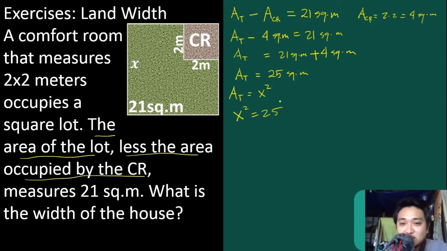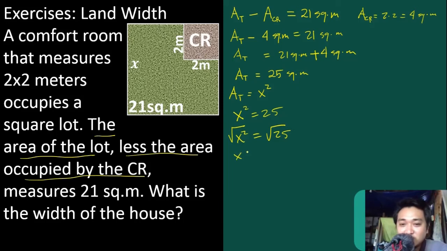And then let's get the square root of both sides of the equation, or let us raise both sides by exponent 1/2. Ganon din yun. So getting the square root of x squared and the square root of 25. Kung ano yung ginawa natin sa left, dapat gawin rin natin sa right para manatiling equal.